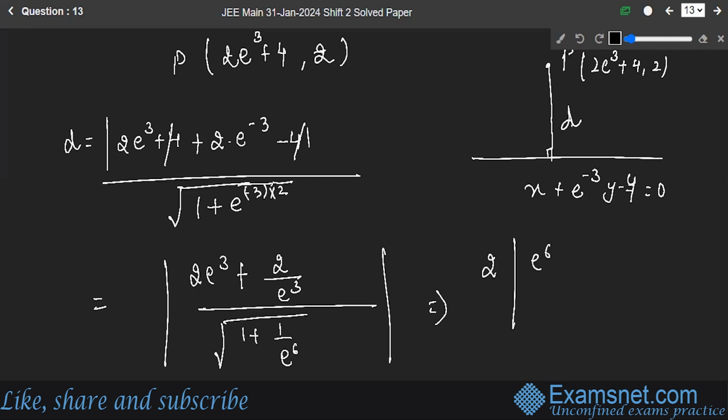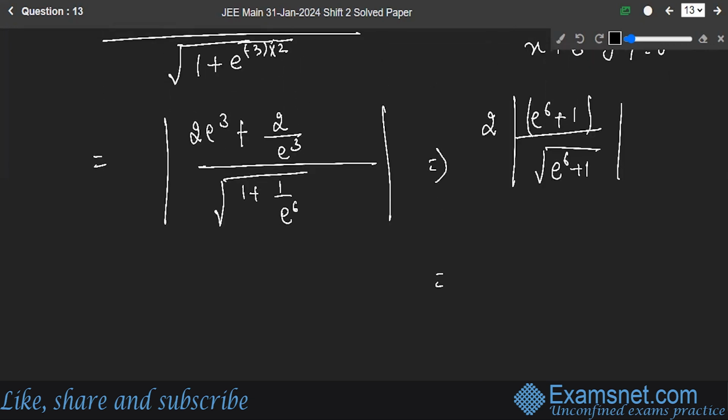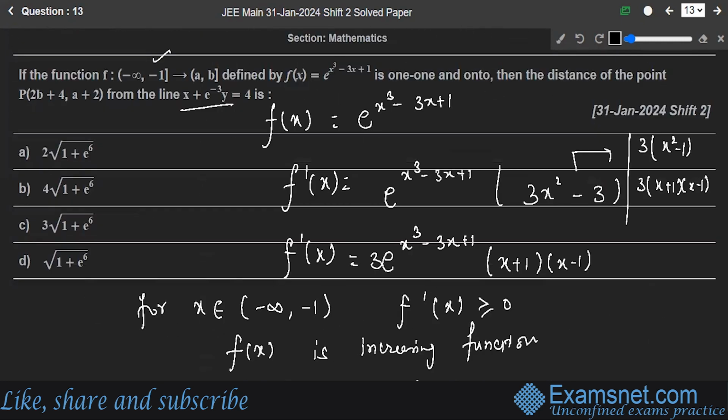This will be e power 6 plus 1, and e power 3 will cancel from the numerator and denominator. This will be 2 into root e power 6 plus 1. So this is the answer to the question, and here it is, we have the first option. This is the right answer. Hope you're clear with this.